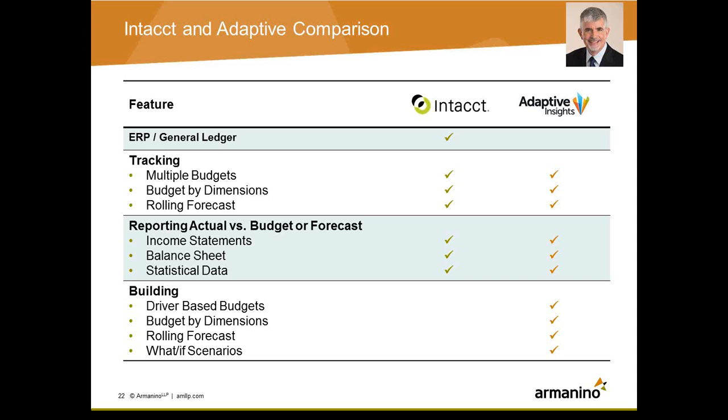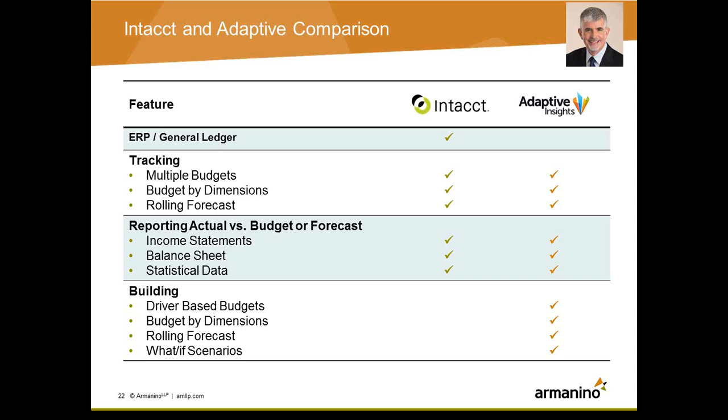As Scott alluded to, you can have budgets by dimensions. You can store your rolling forecasts. Having all that information in Intacct and available for your reporting, for your management, for your general ledger accounts, is obviously very important for them to do their work effectively. Likewise, of course, all that information also still originates and lives in Adaptive as well. And the integration is what really makes these two work.